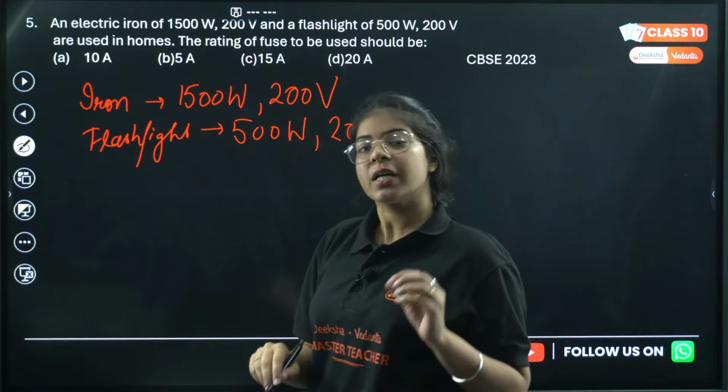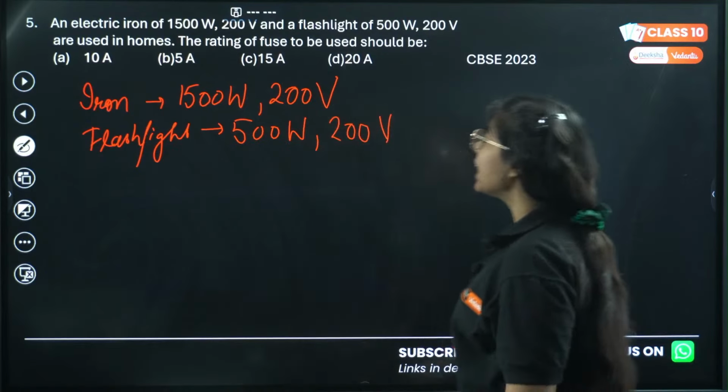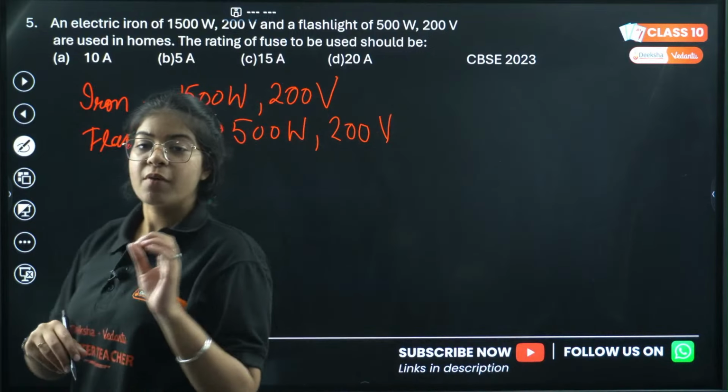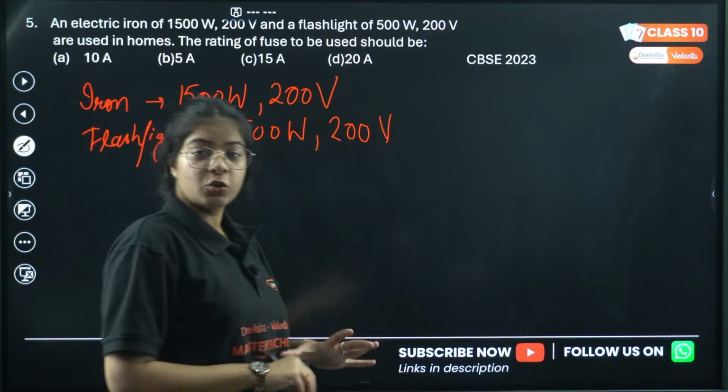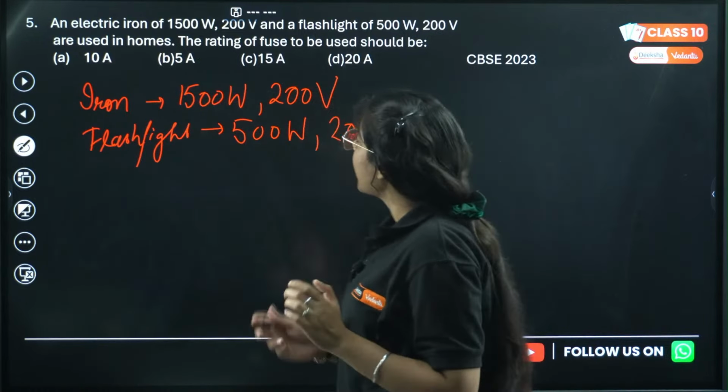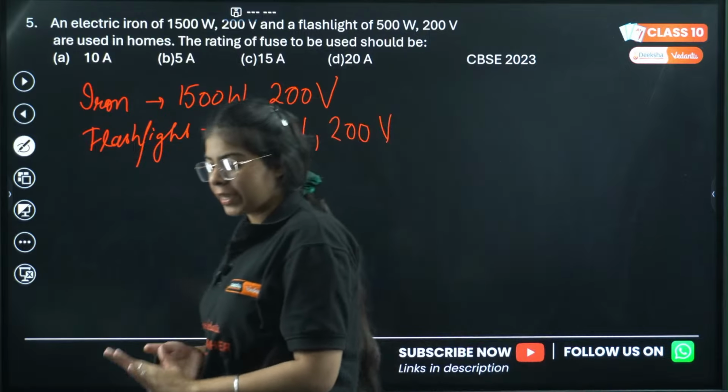They are being used in homes. The rating of fuse that should be used should be what? 10 ampere, 5 ampere, 15 ampere or 20 ampere.